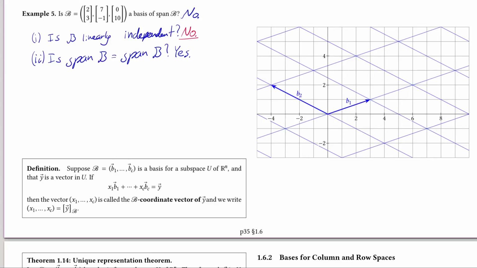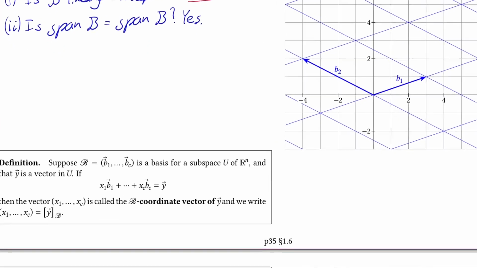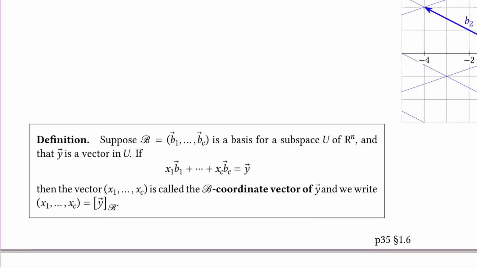All right, we are back again to look at coordinates, coordinate vectors relative to a basis. So let's say you have a basis with c basis vectors. It's a basis for some subspace U of Rn.